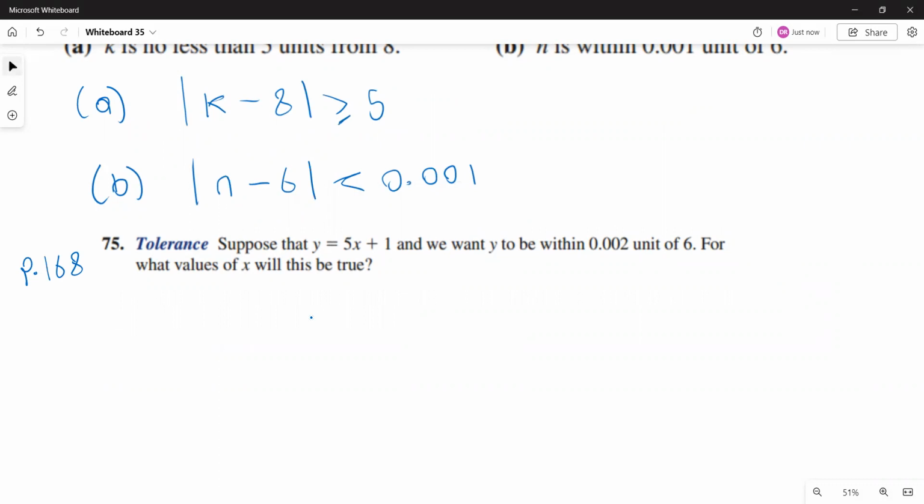For what values of x will this be true? So the statement involves the distance between y and 6, and that must be within 2,000 unit of 6. That's an absolute value inequality involving less than. That's equivalent to solving negative 2,000 less than y minus 6 less than 2,000.